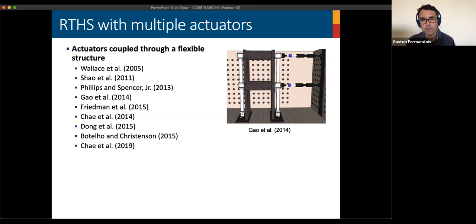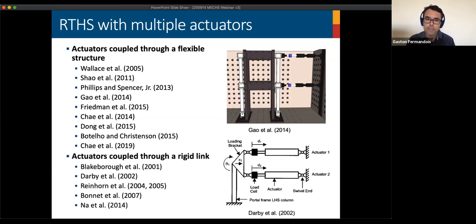We have papers that date from the early 2000s to the late 2010s. There was a paper that was published last year about this topic, but this is not the topic of our attention. What we are more interested in is the topic of actuators that are coupled through a rigid link.